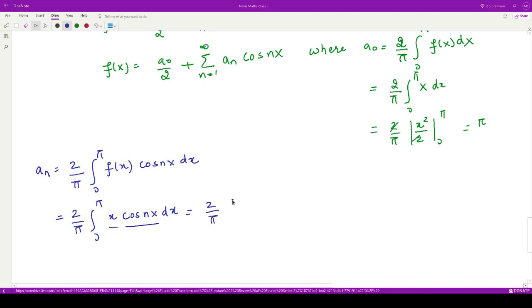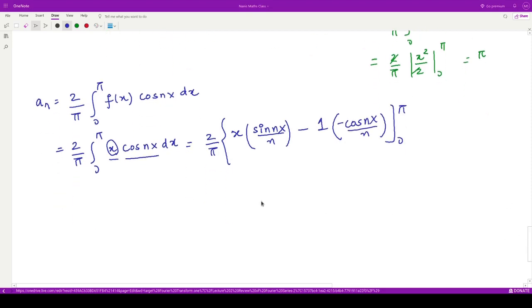So it would be the first function as such, times the integration of the second, which is sine nx divided by n, then minus the integral of the derivative of the first, that would be 1, times the integration of the second, that would be sine nx divided by n. I'm sorry, the integration of this particular function would be minus cos nx divided by n, and we have the limits from 0 to pi.